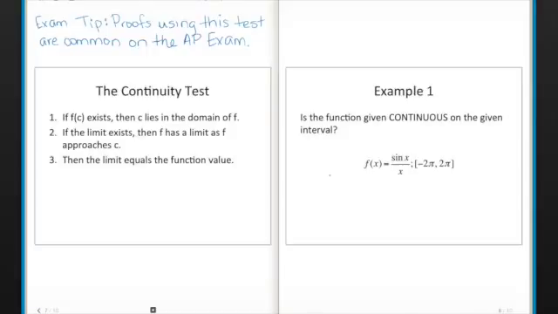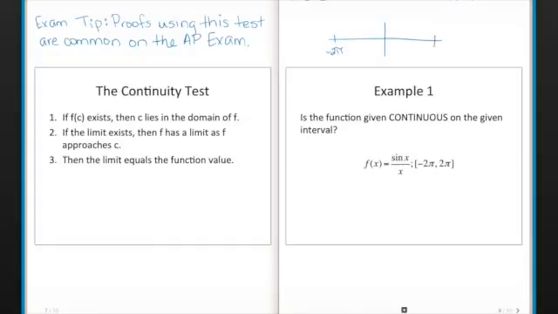So basically, if the point exists, then that c value is somewhere in the domain of f. And if that limit exists, then f has a limit as x approaches c. And then you just plug in your value and go.